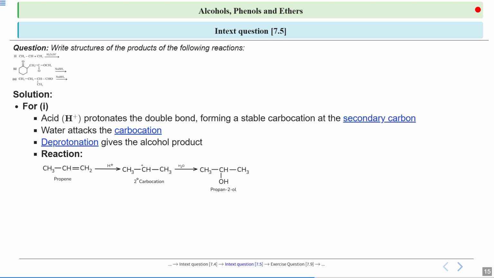So one of the H positive will be removed from the O positive, and the sharing electrons of the hydrogen-oxygen bond will move towards the oxygen to stabilize its positive charge, and you will get a stable propan-2-ol, that is CH3, CHOH, CH3. Okay, so this is the product you are getting in the first reaction.